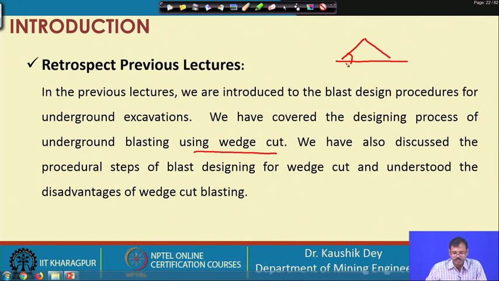Wedge cut has that angling drilling process, and it has been found this angling drilling is very difficult when carried out by a not so efficient driller. So, it is always wiser to go for parallel holes, which can be very easily drilled by the driller.